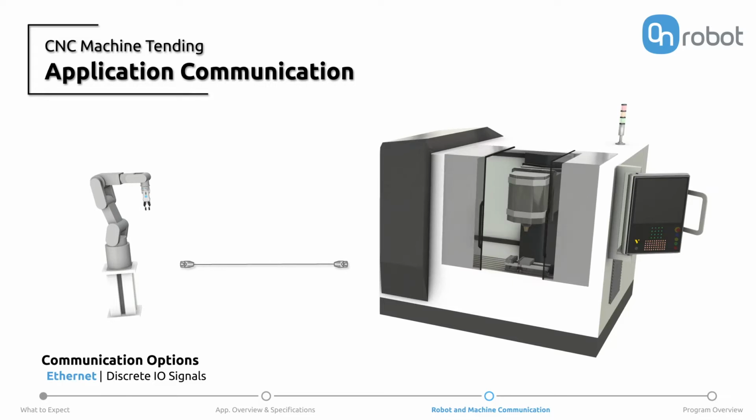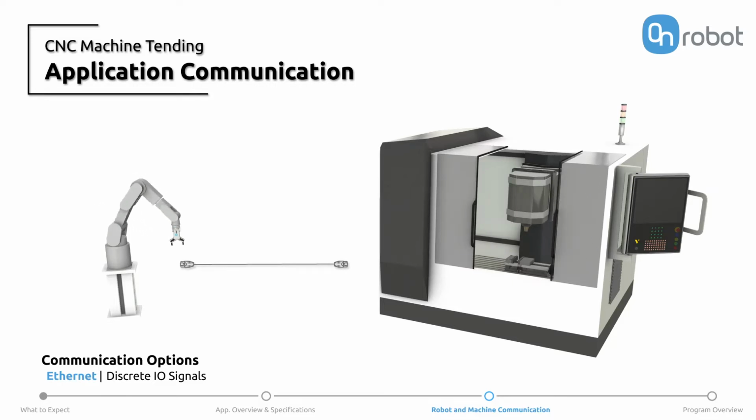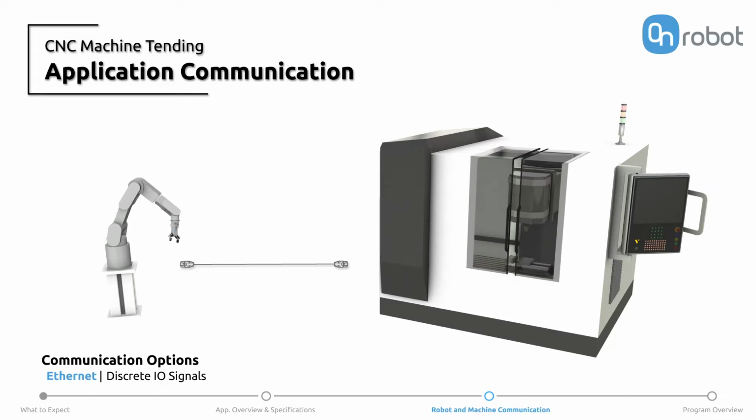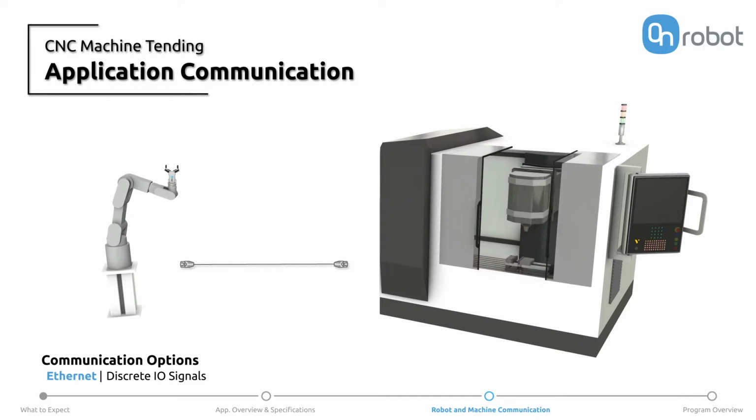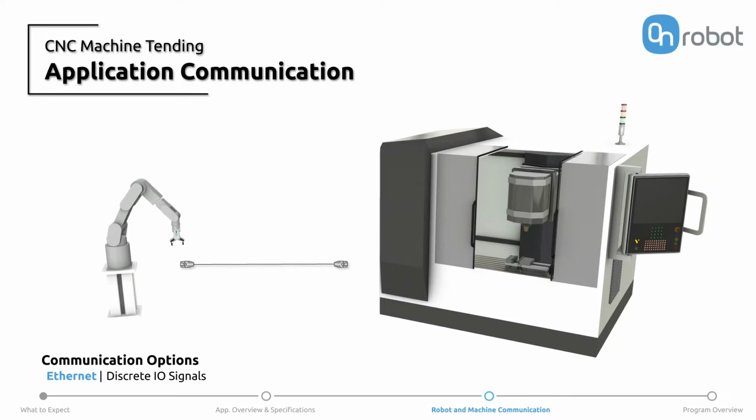Ethernet-based communications provide vast possibilities to receive feedback and add robustness to the application, but require having or purchasing the appropriate communication boards. Some CNC machine brands also offer robot interfacing boards or add-ons that simplify the communication between the CNC and robot. These add-ons only work with some specific machine types and robot brands, making it important to verify compatibility before starting the integration process.